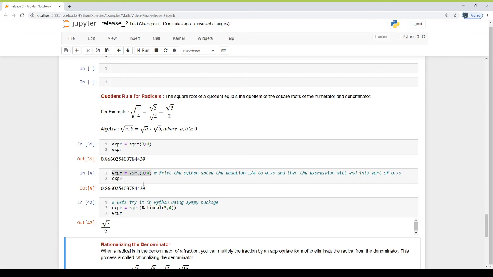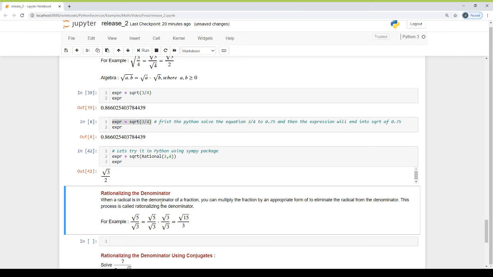So always do the thing in the right way by calling the rational function. Don't use 3 by 4 because Python solves 3 by 4 to 0.75 and then the expression will end up as the square root of 0.75.